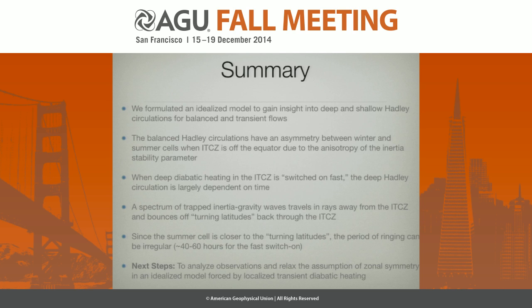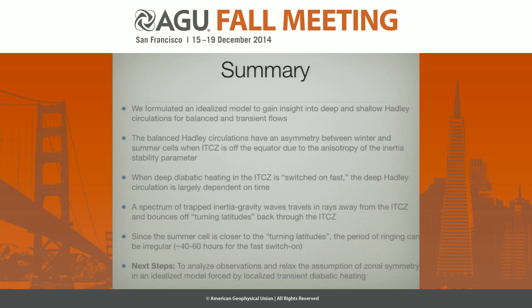The different meridional modes have different turning latitudes and so forth. And we have these wave packets moving the information. Since the summer cell is closer to these turning latitudes, the period of ringing can be irregular, and especially for the fast switch on. But in general, we had a period of somewhere around 40 to 60 hours for all the switch ons, which I didn't show.